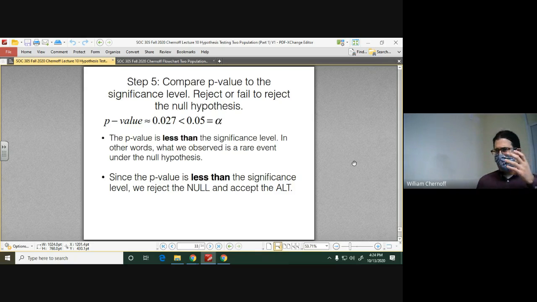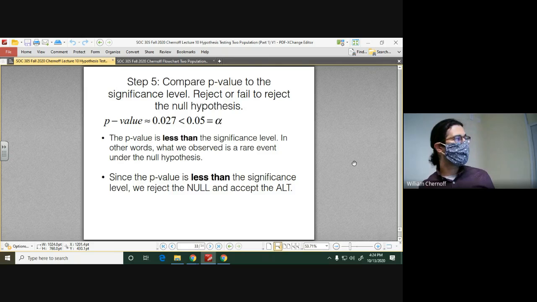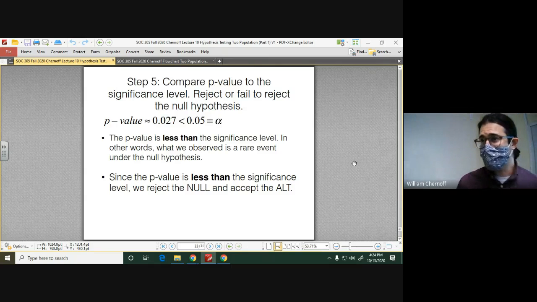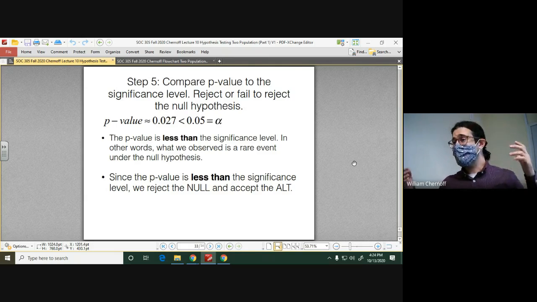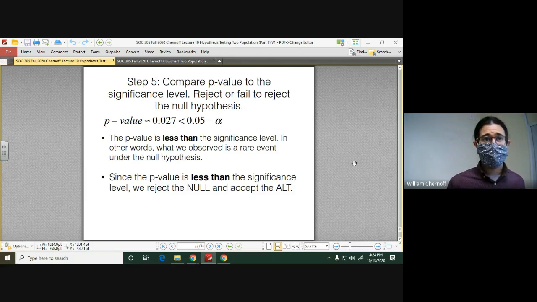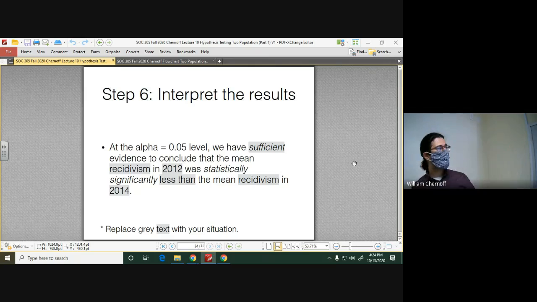Step 5, we then compare our p-value to our significance level. Here the p-value equals 0.027. This is definitely less than 0.05. So we reject the null and we accept our alternative hypothesis. And in step 6, we interpret that conclusion.